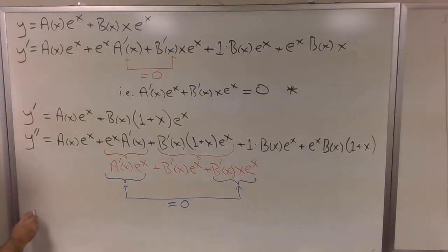Now, let me simplify again. And yes, this time I really do mean y double prime. And I get a of x e to the x.